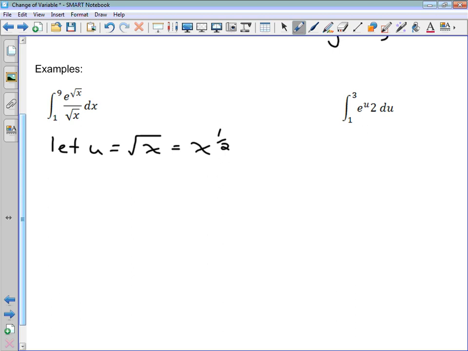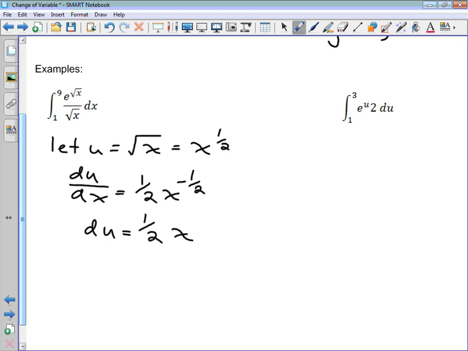Okay. If we make that substitution, du/dx would be 1/2 x to the negative 1/2. So du would be 1/2 x to the negative 1/2 times dx. Now, we have an x to the negative 1/2 appearing in this integral.